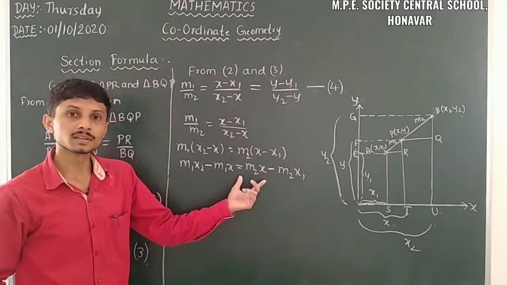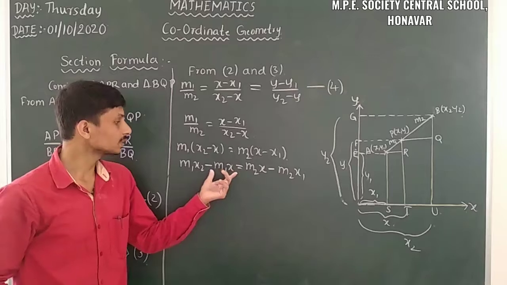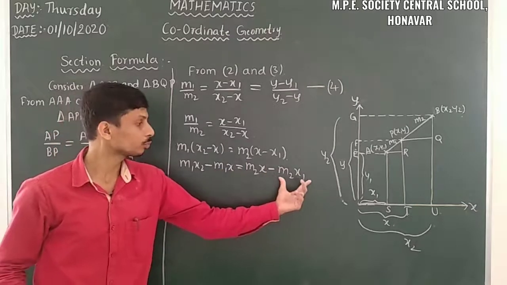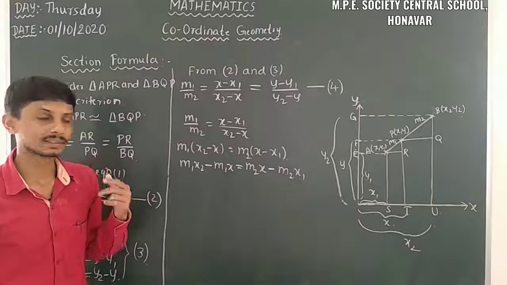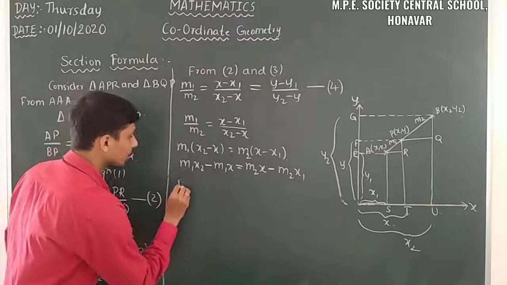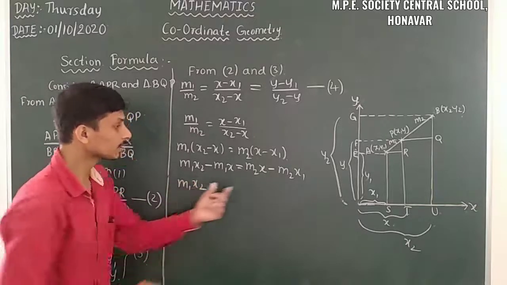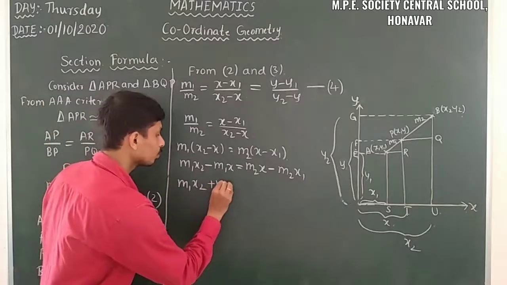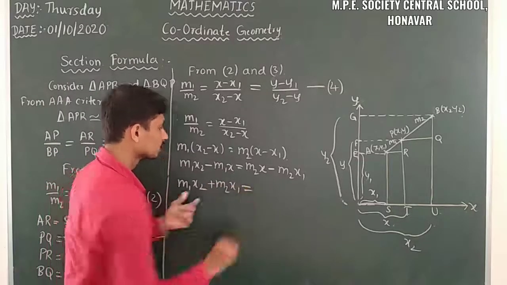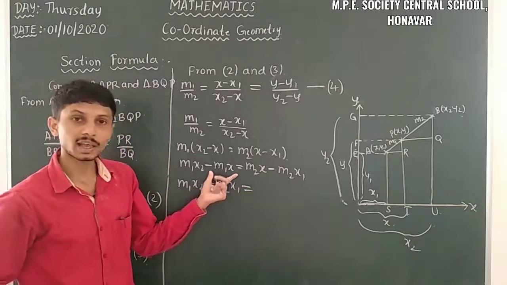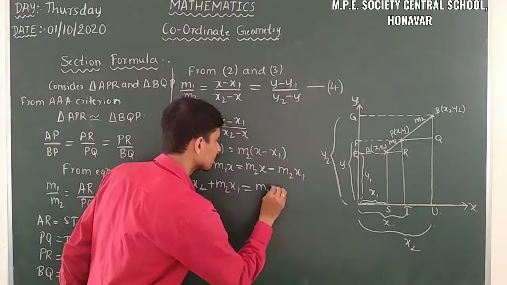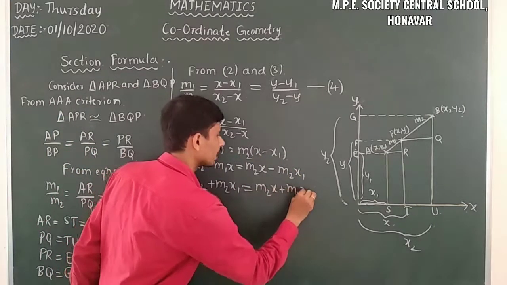After that we can transpose m1x to the RHS and m2x1 to the LHS. So m1x2 plus m2x1 is equal to m2x plus m1x.